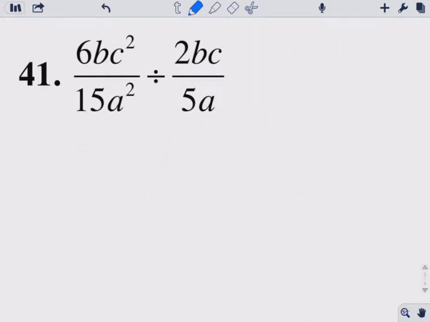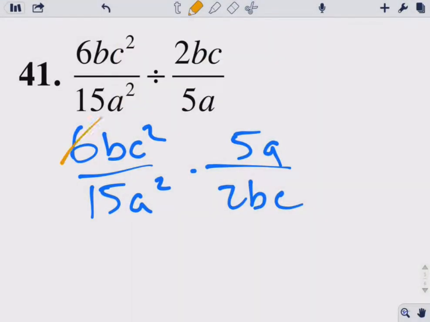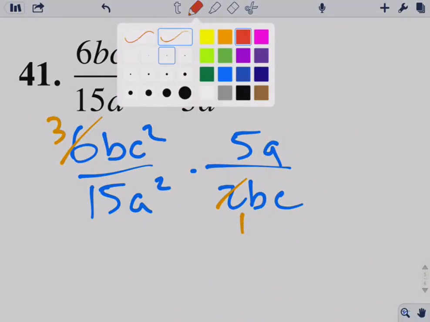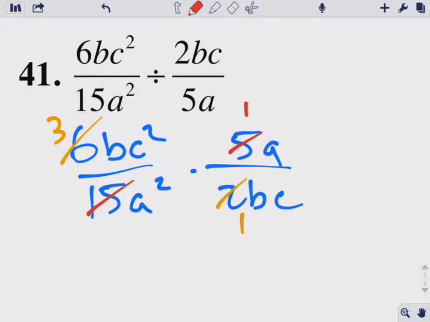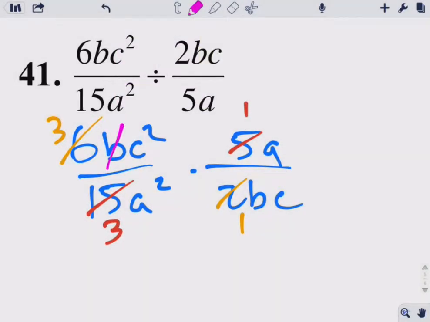Keep, change, flip. 6b squared over 15a squared times 5a over 2bc. I'm going to simplify where I can simplify. 6 and 2 gives me a 1 and a 3. 15 and 5 gives me a 1 and a 3. B and a B gives me a 1 and a 1.